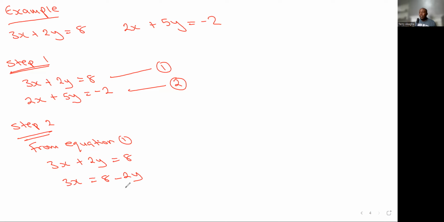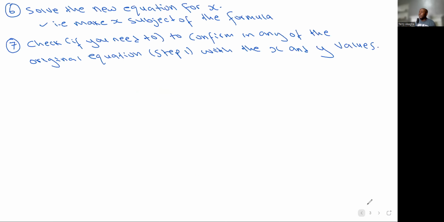One of the rules for equations I also explained is that what you do to the left-hand side, you have to do the same thing to the right-hand side. So we'll now divide both sides by 3. Then this cancels that. So we now have x equal to 8 minus 2y over 3. Step 2 done.